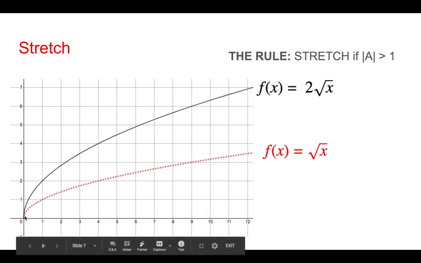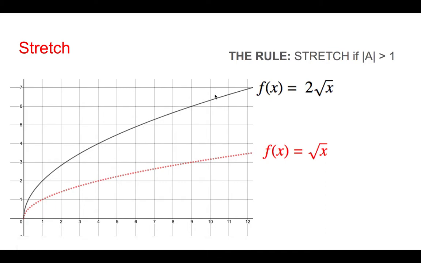But just know that a stretch, so if you notice here again, the red dotted line, this is our parent function, so this is the original. And the stretch just means we're basically just stretching it out and it's getting a little bit taller. So it starts at the same point. Nothing has really moved. All the graph has done is just stretched out and it's gotten taller. So it's like we're just pulling it upwards. It's just stretching out.